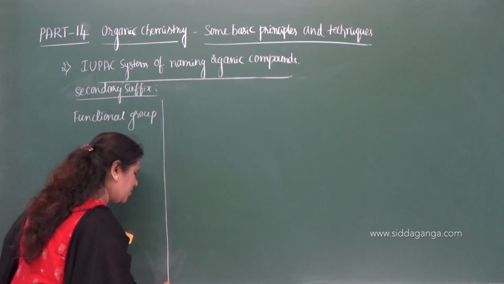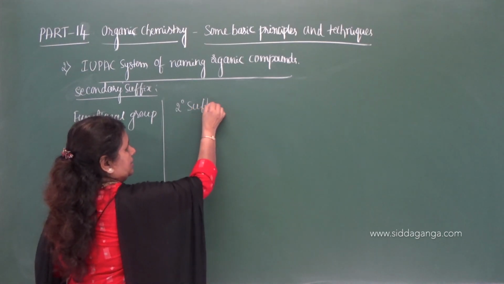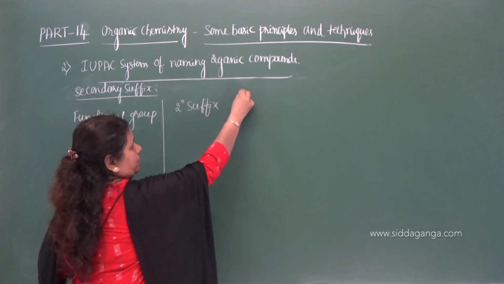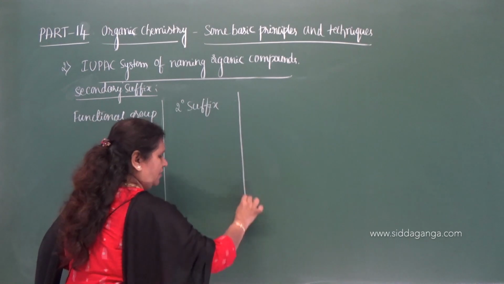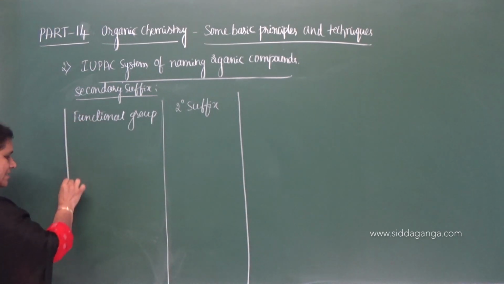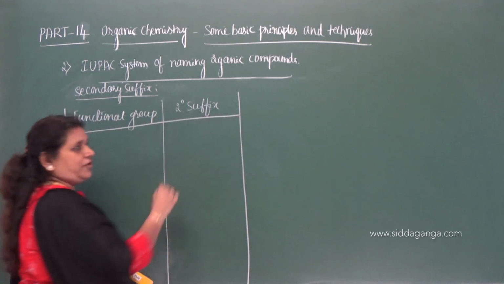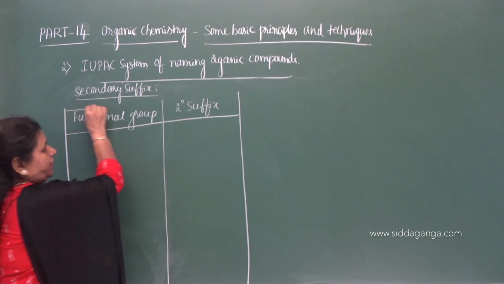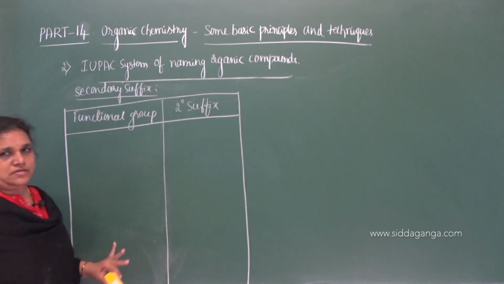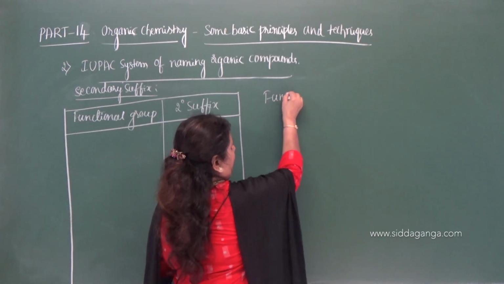So, this is functional group and secondary suffix for the given functional group. Already you know the list of functional groups present in the given organic compound. I have given it in previous classes. Again, write one more table here.